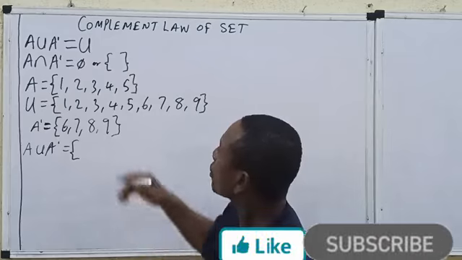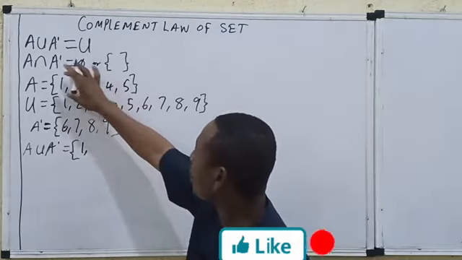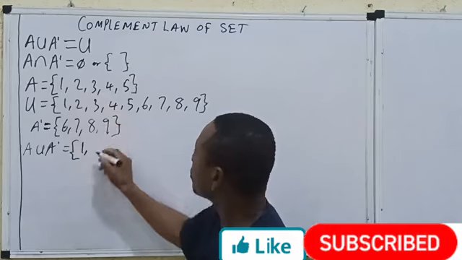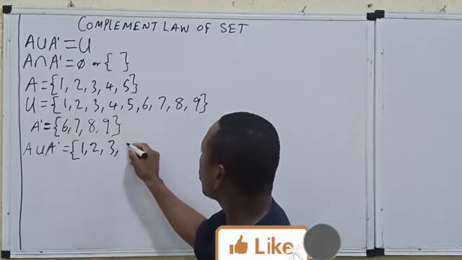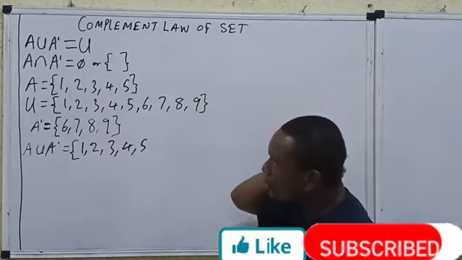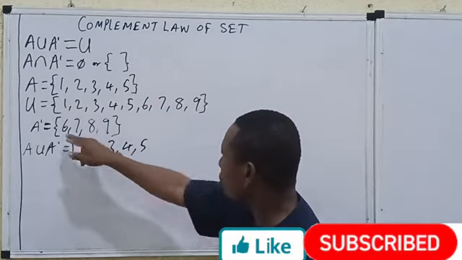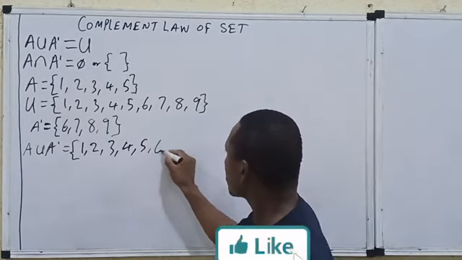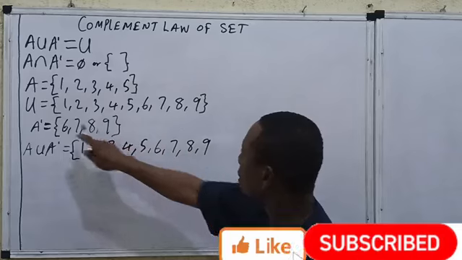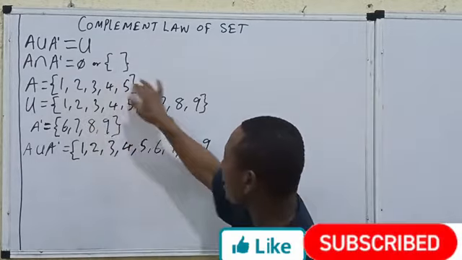So we want to combine everything that is here and here. That is the union. So 1, 2, 3, 4, 5, and here you have 6, 7, 8, 9. So I've combined all the elements that are here and here.